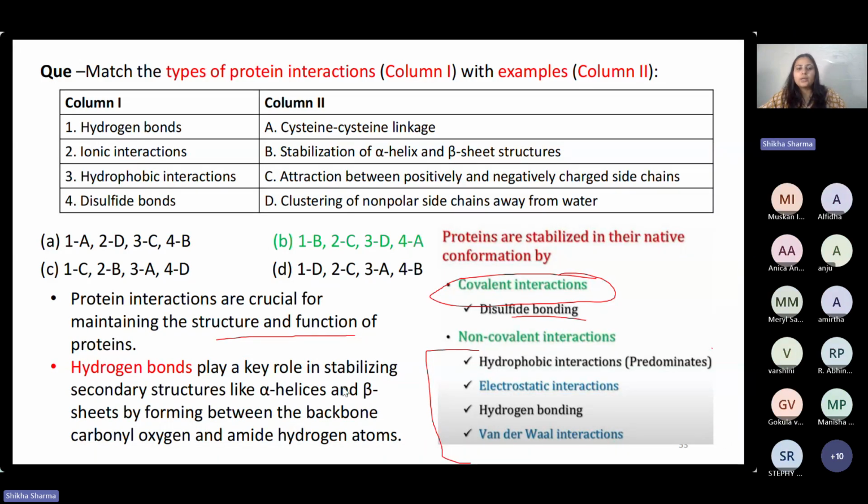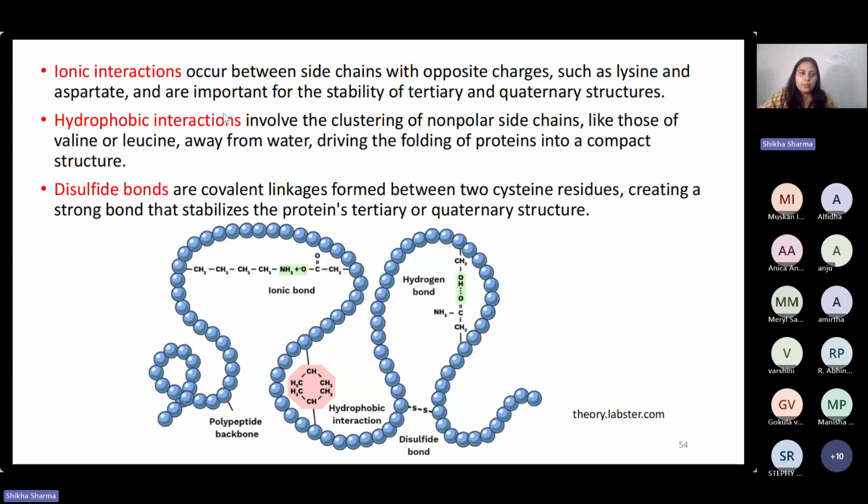Hydrogen bonding is very important in stabilizing secondary structures like alpha helix and beta sheets, by forming between the backbone carbonyl oxygen and amide hydrogen atom. And ionic interactions occur between side chains with opposite charge, such as lysine and aspartate, and are important for the stability of tertiary and quaternary structures.